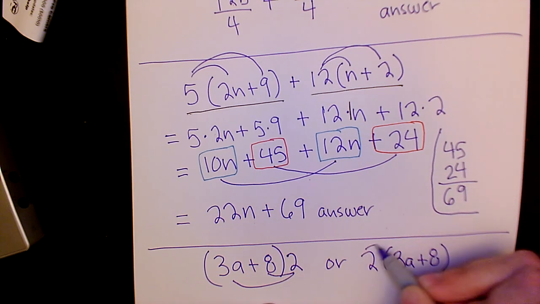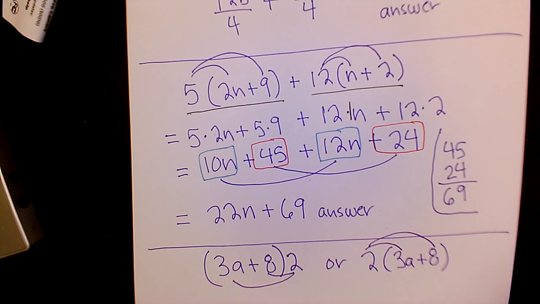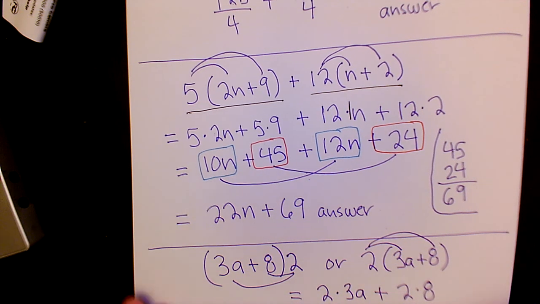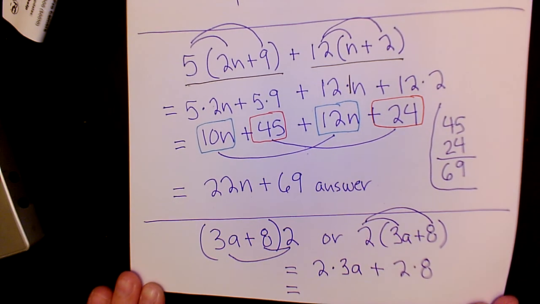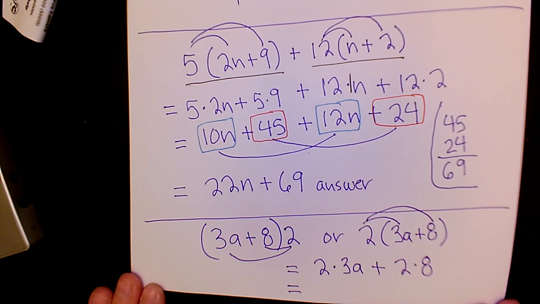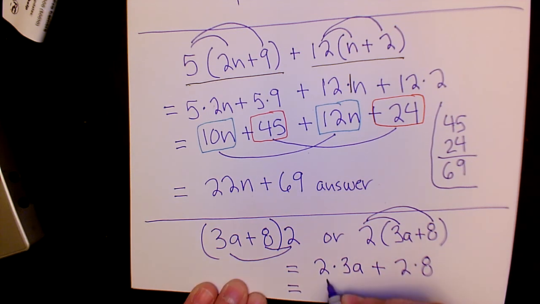So I am going to multiply this out and I am going to get 2 times 3a plus 2 times 8. Again, I'm just distributing. And 2 times 3a, 2 times 3 is 6, so that's 6a.